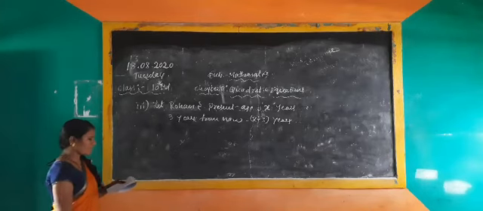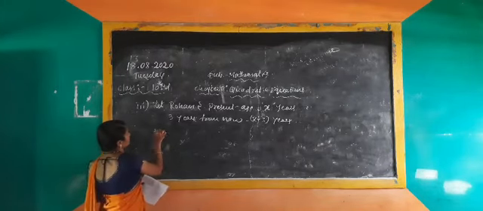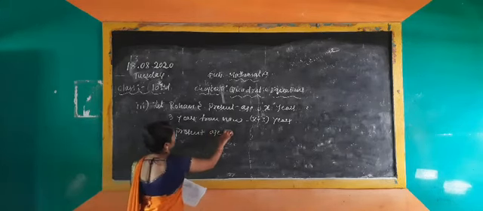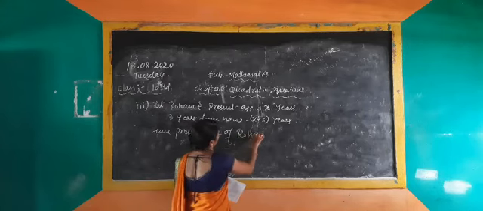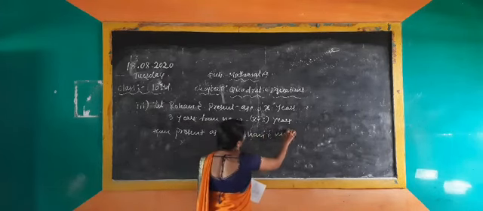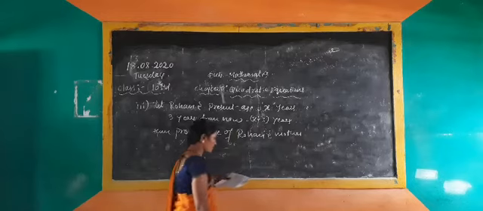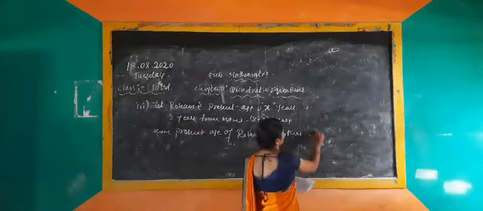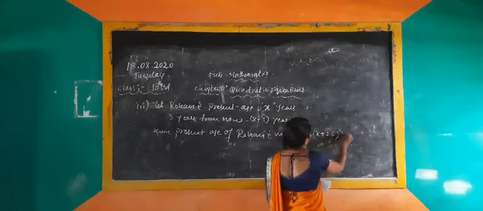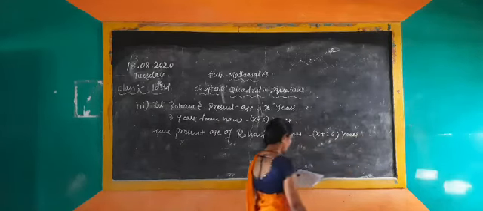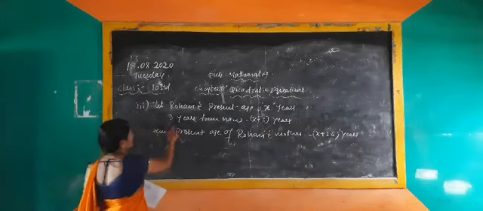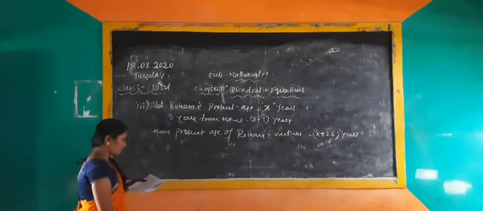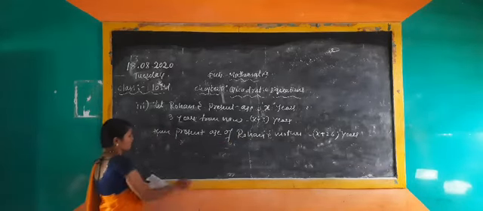And the present age of Rohan's mother. Here what they said: the present age of Rohan's mother is x plus 26, you have to take x plus 26 years. Next, they said 3 years from now, Rohan is x plus 3, so also take the age of Rohan's mother.